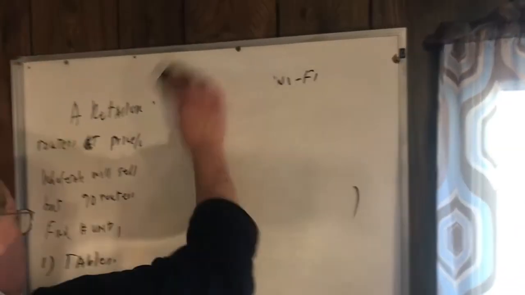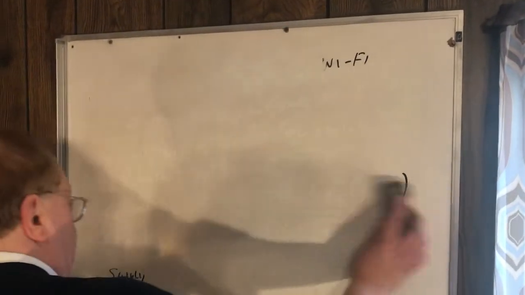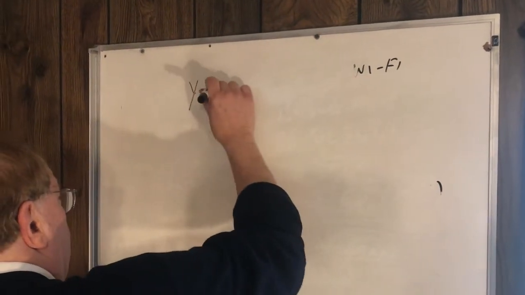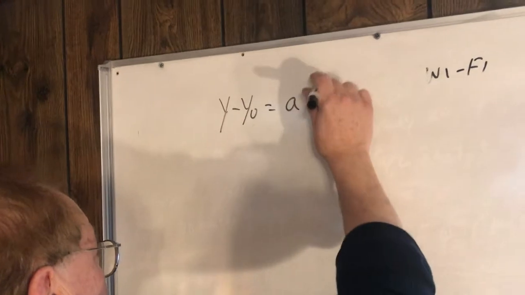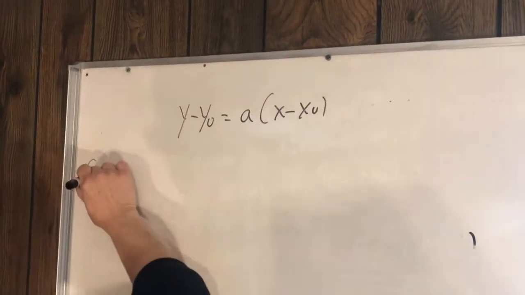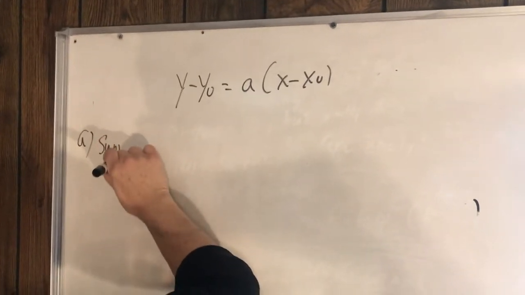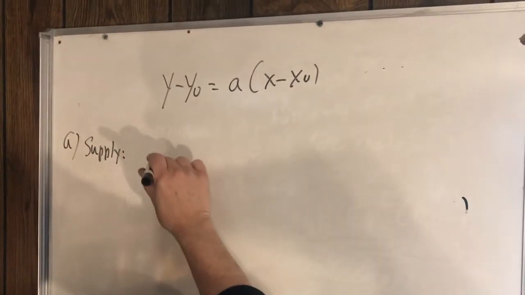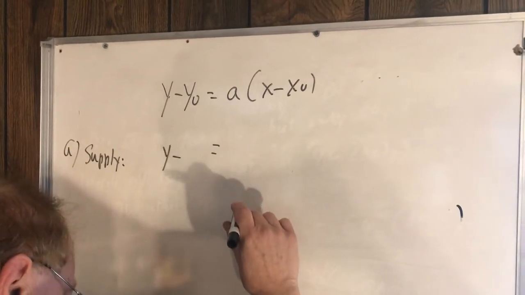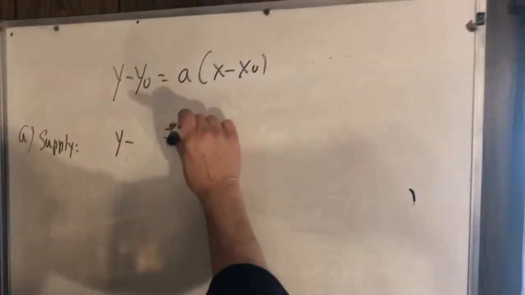So let's use our straight line equation. We're going to use the point-slope form: y minus y0 equals m times x minus x0. Let's look at our supply. Supply slope is 4 sevenths.